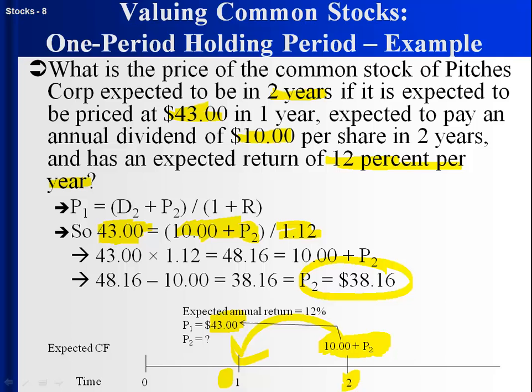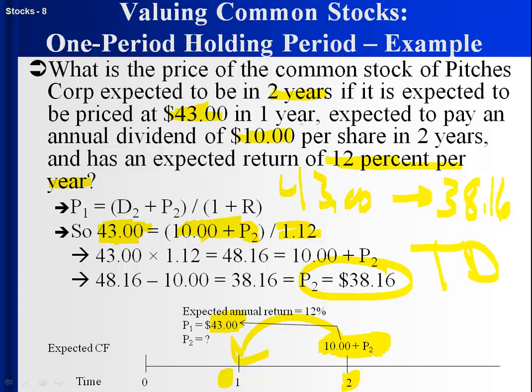One of the other things I like about this example is notice the price of the stock is expected to go down from $43 to $38.16. And one reason somebody might say, wait a minute, that's a horrible stock. Why would anybody want that? $43 seems like, we got the price wrong. Well, remember, total dollar return involves two pieces, dividend and expected capital gain.